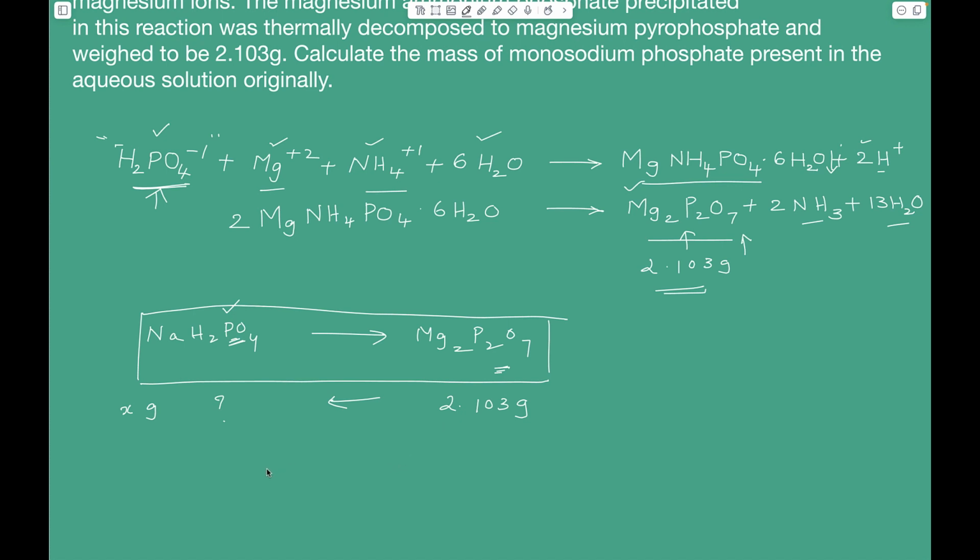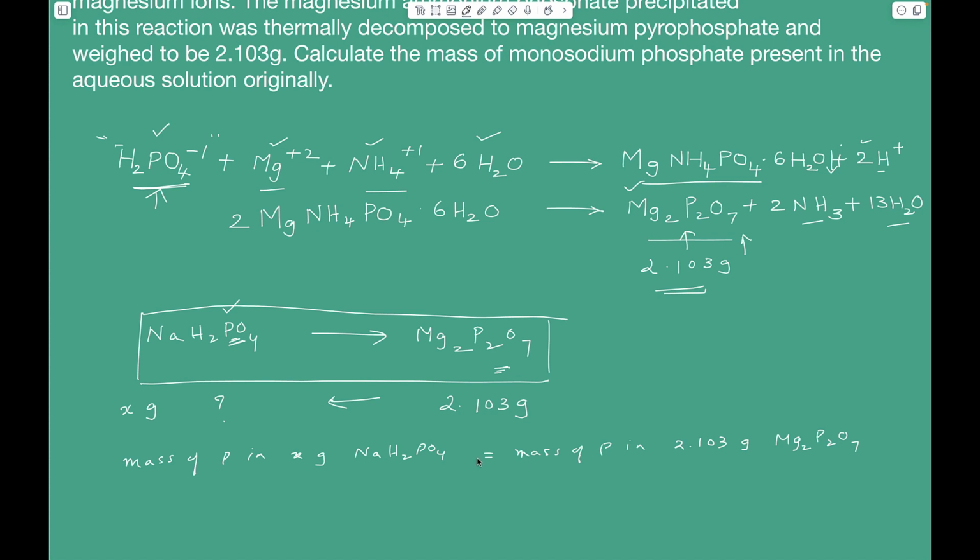Now if we apply the law of conservation of mass, that means the mass of phosphorus in x grams of monosodium phosphate must be equal to the mass of phosphorus in 2.103 grams of magnesium pyrophosphate, right? That's what we just discussed.